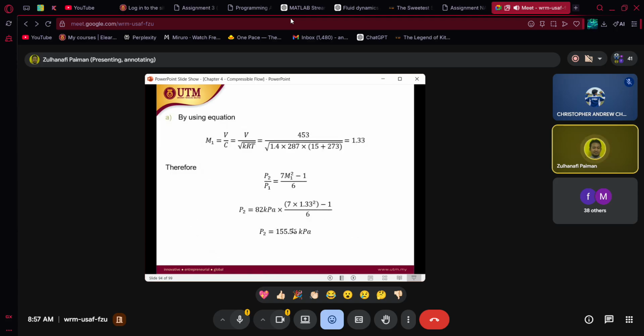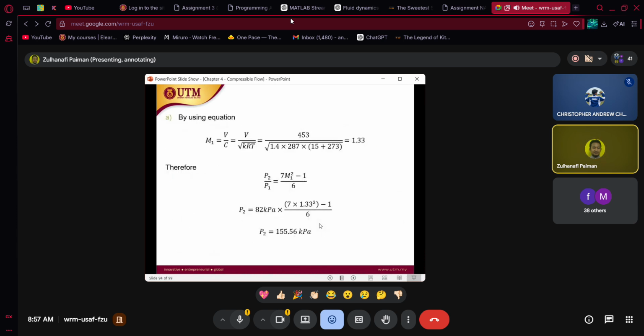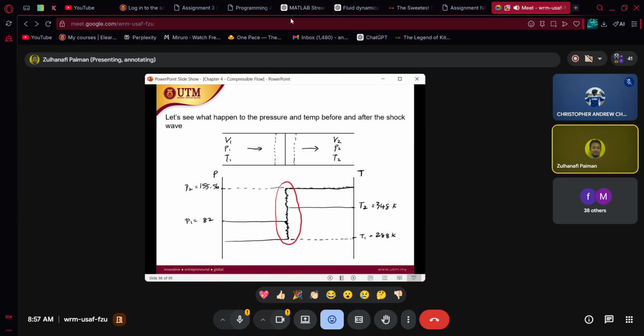Similarly for the temperature, it is 15 degrees C before, and after the shock wave it is 348 Kelvin. So this is the difference in pressure and temperature.